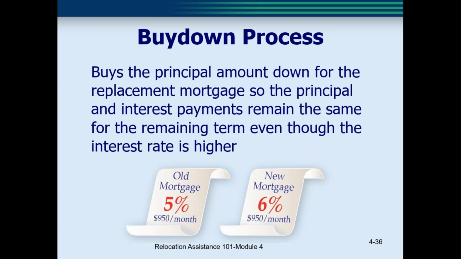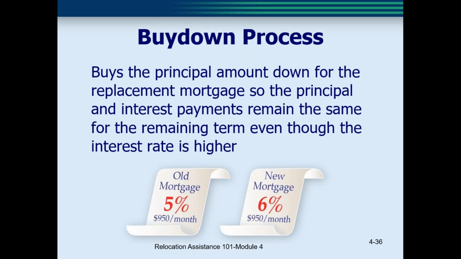If they took the lump sum of the increased interest payment, took it to the bank, and paid it down on their mortgage, in the end it brings their payment down and the balance down based on that interest rate. Since the interest rate is higher, the displacee would only be able to finance a lesser principal amount than their current mortgage balance to yield the same payment and loan duration.